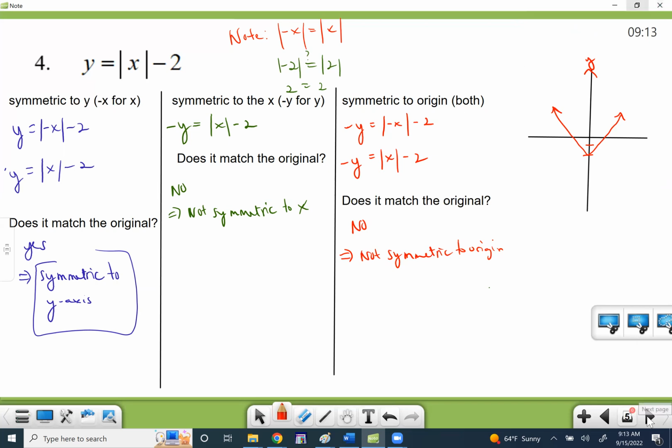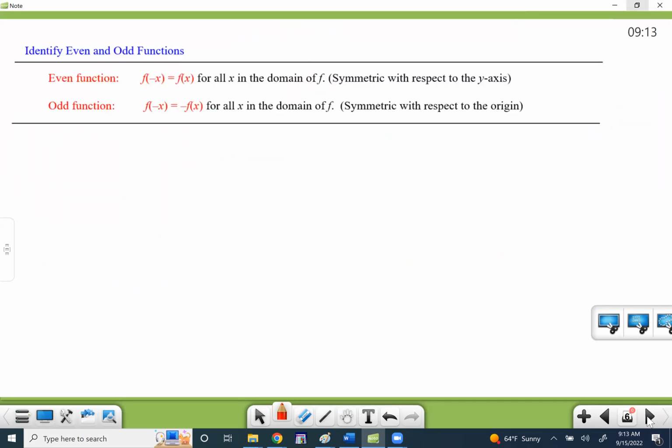All right, so hopefully you guys feel pretty good about symmetry with respect to the y, the x, and the origin. Now, moving on into calculus and trig, we're really interested in the y-axis and the origin. Those are the ones that show up the most in future classes. And those actually have special names.